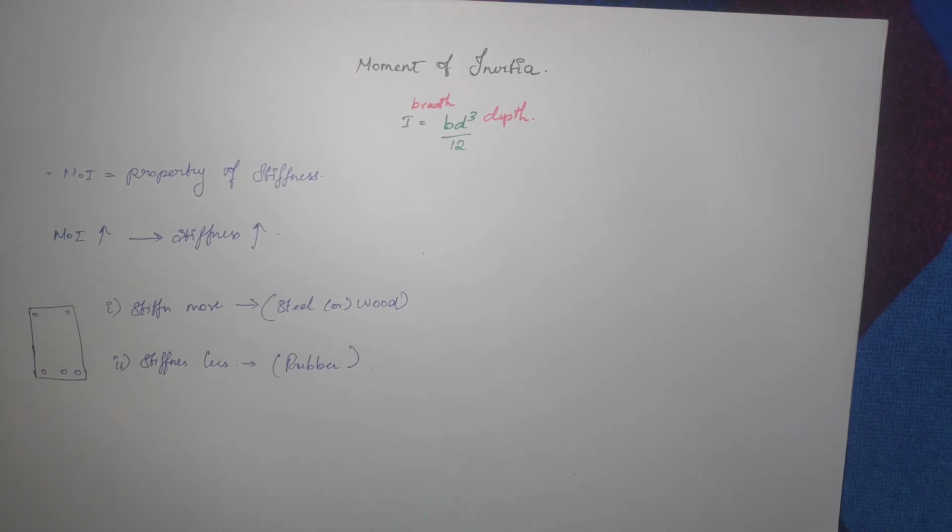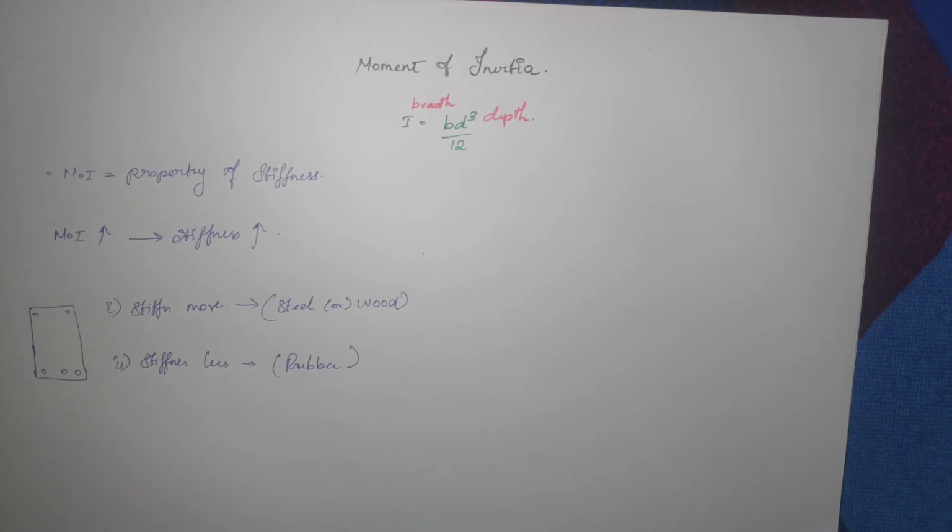It will take the load and transfer it through its own body towards the ground. That's the thing here. Concrete is stiffer too, not compared to all materials, but it's stiff enough for transferring the load from top to bottom. That's why we use concrete, which has more stiffness.